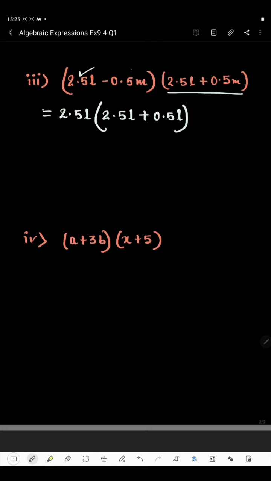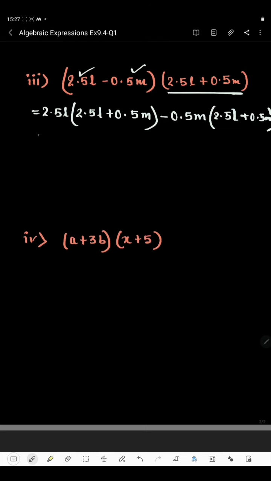Now we'll take the second term with the sign. Minus sign is there, so minus 0.5M, and this should be multiplied by the second expression, which is 2.5L plus 0.5M.